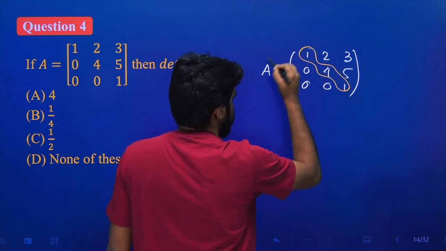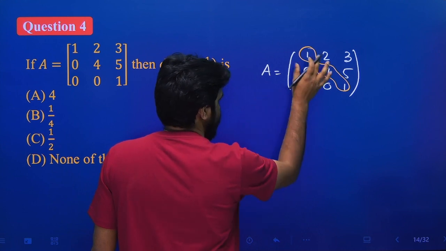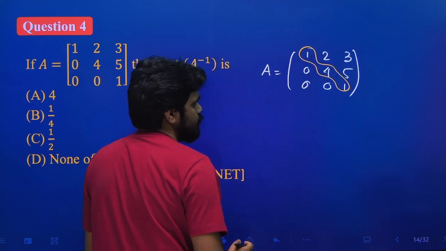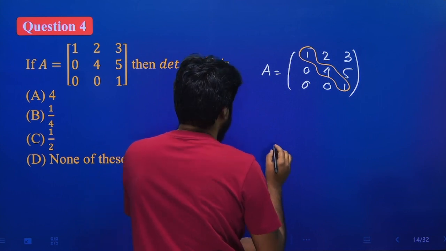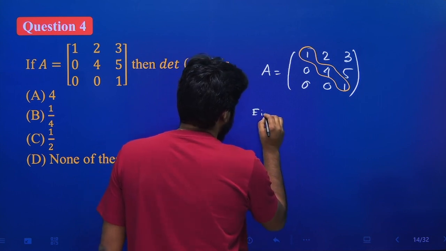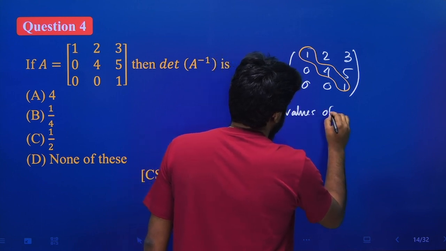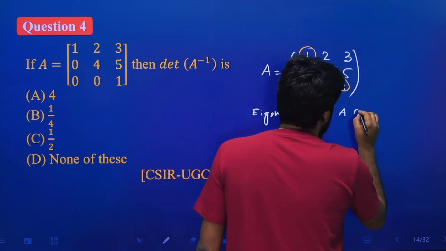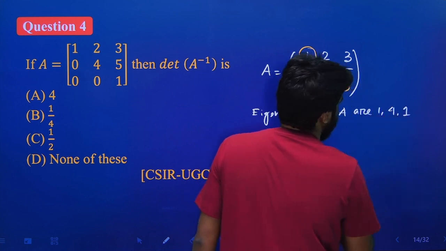These are the eigenvalues. Since A is an upper triangular matrix, the eigenvalues of A are 1, 4, 1.